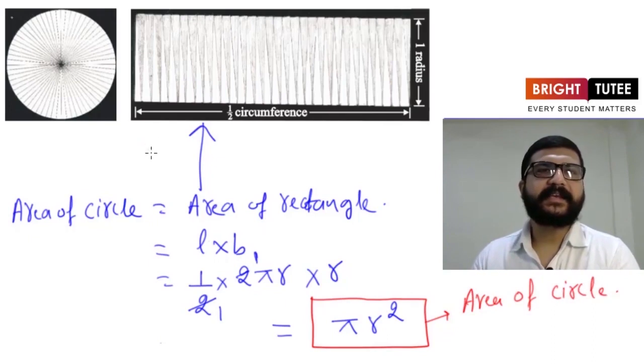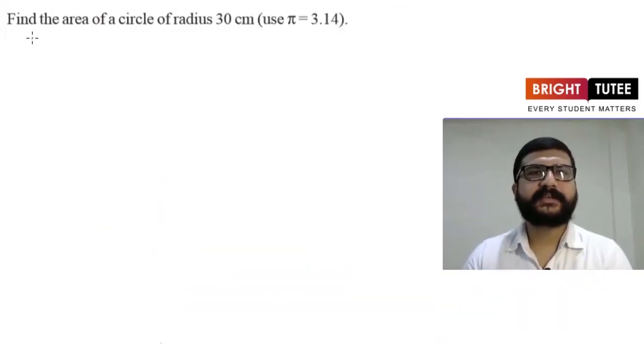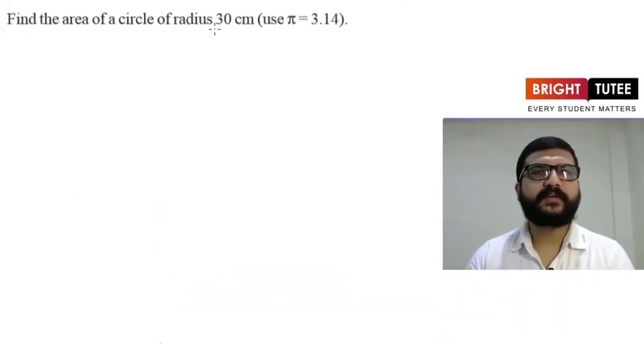Now let us see an example based on the area of a circle. The question is, find the area of a circle of radius 30 centimeters, using pi as 3.14. How do we find the area of a circle? We know the formula is pi r square, where r is the radius and pi is 3.14.